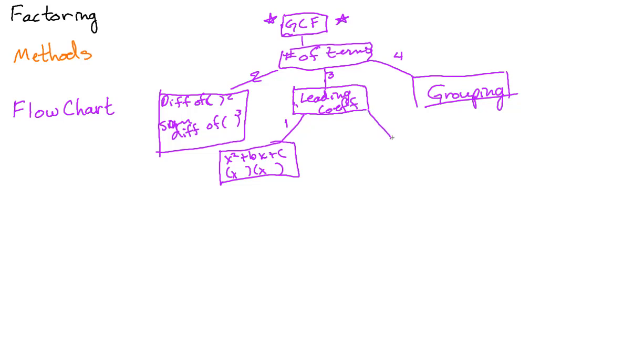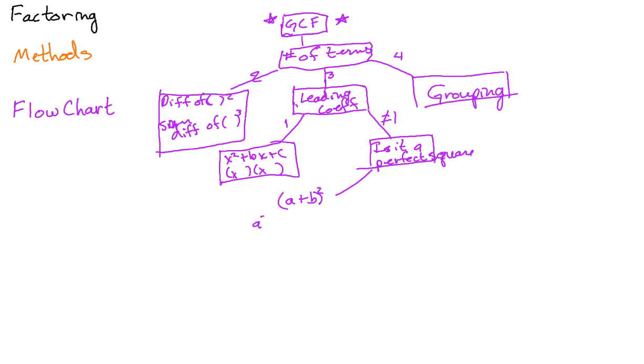What if the leading coefficient is not equal to 1? Then just double check, because you don't want to do the AC method if you don't have to. Double check, is it a perfect square? Just double check this special case. Perfect square, remember, is one where it's a plus b altogether squared.